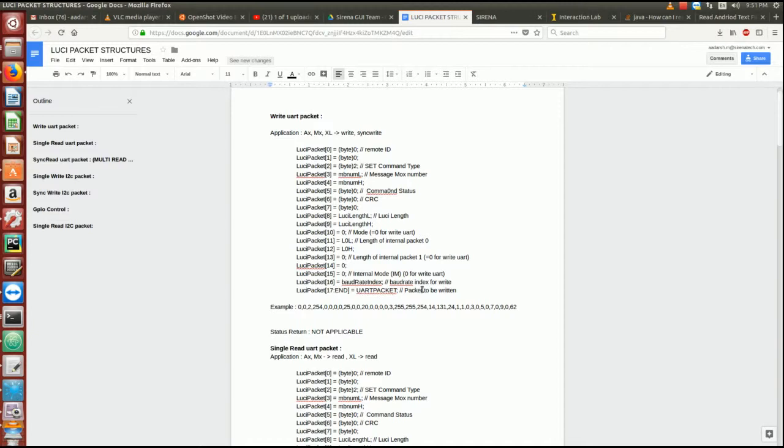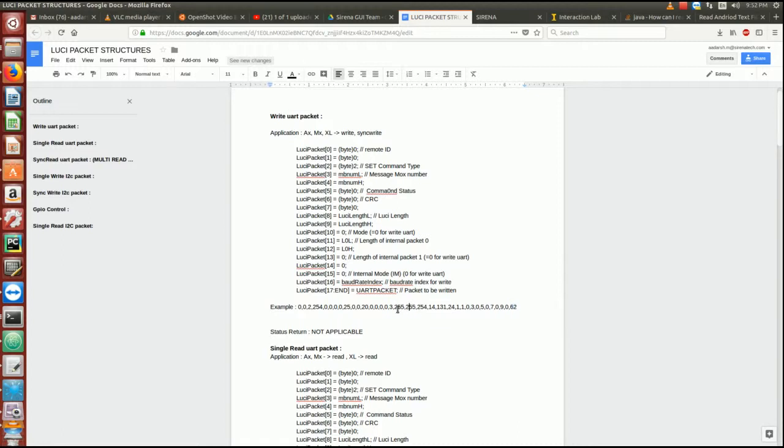Here it shows an example where till here you're actually mentioning the baud rate and length and stuff like that, but over here your actual packet begins. If you notice, this is also a packet that usually goes into Dynamixel motors. So you have 255, 255, 254 and so on. This particular packet also has an internal checksum, which will internally be taken care of by the motors, but you don't have to worry about this.